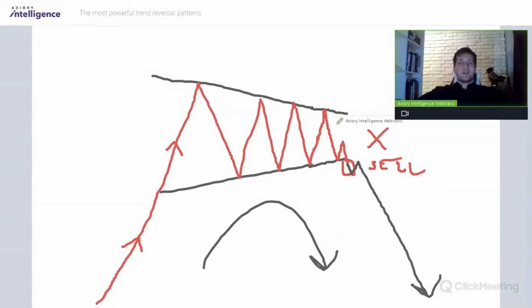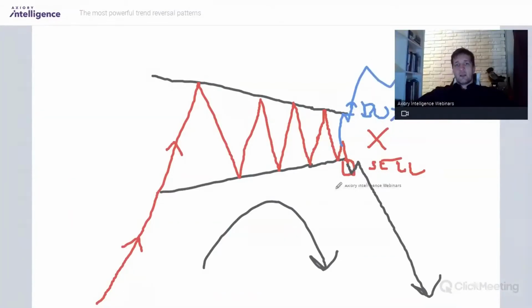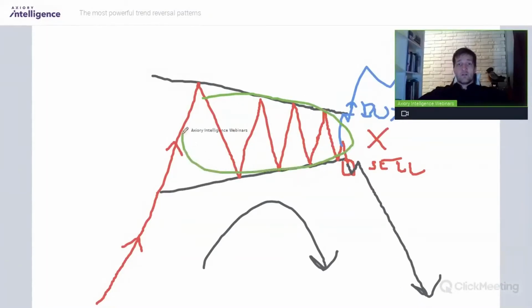When the price breaks the upper line of this triangle, that's a buy signal. In this case, that's a trend continuation pattern. But in case of a breakout of the lower line, it's a trend reversal pattern, and this is how you trade it.